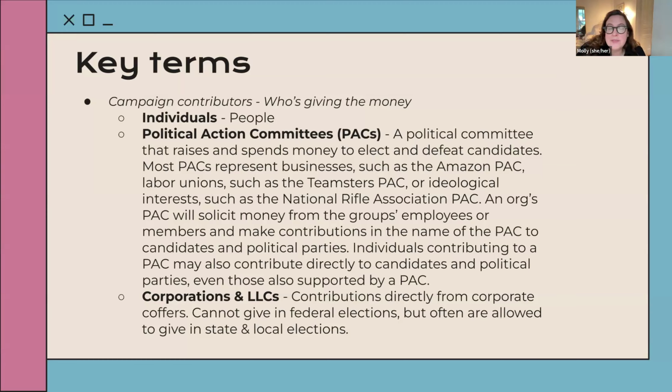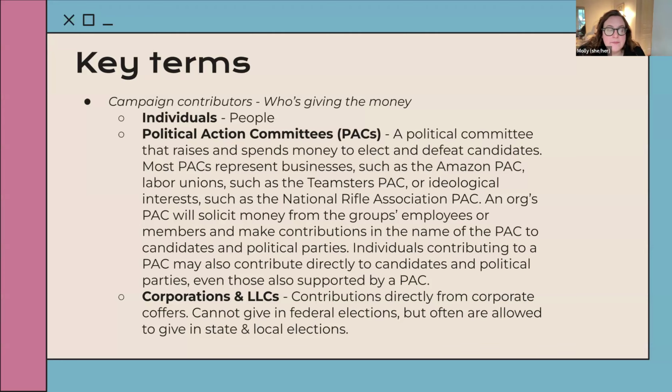Basically, those groups solicit money from their employees or from their members, and then pool all that money together into a PAC. And the leaders of that PAC will make decisions about where that money goes. So that's another way that money gets donated in the campaign finance world.